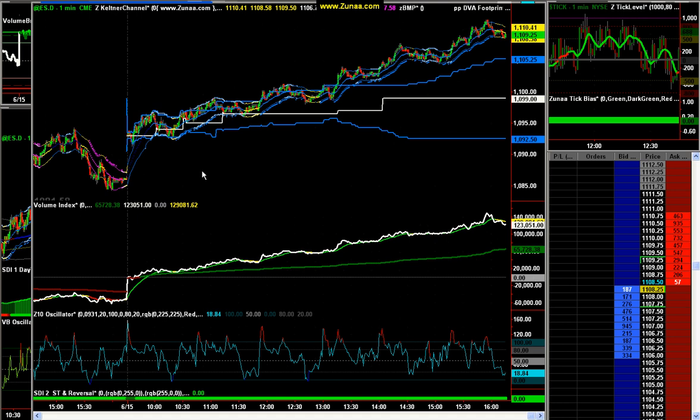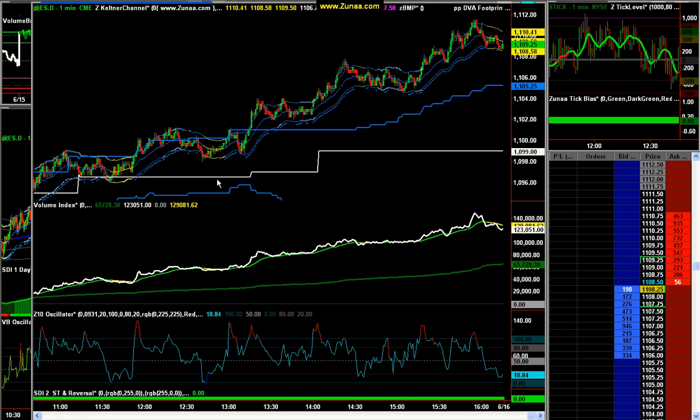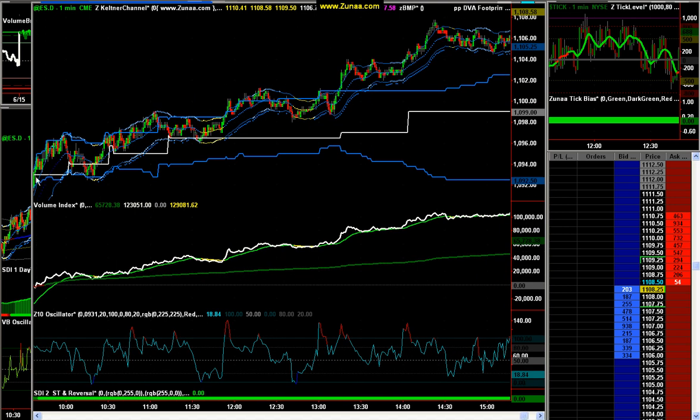Using a simple indicator like a developing value area indicator like this, we opened up, and this white line is the point of control. What we'd like to see is point of control making a high, then flat line, high, flat line, high, flat line. Once it flatlines, we don't want to see it drop down.